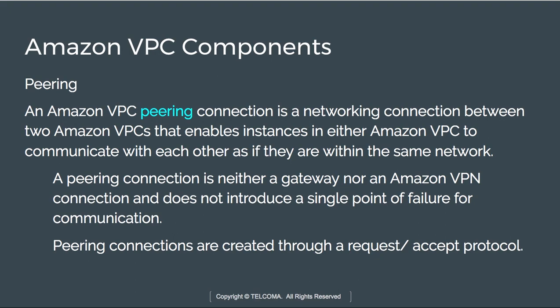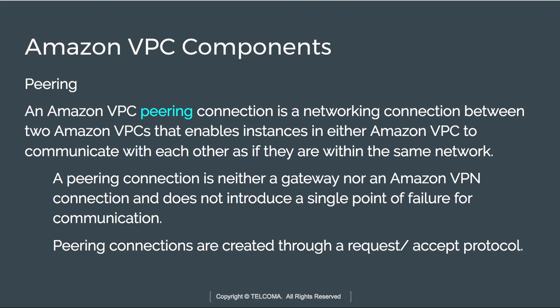If we are in the same account, the peer is identified by VPC ID. If you are in a different account, it is identified by account ID and VPC ID. The owner of the peer Amazon VPC has 1 week to accept or reject the request to peer.